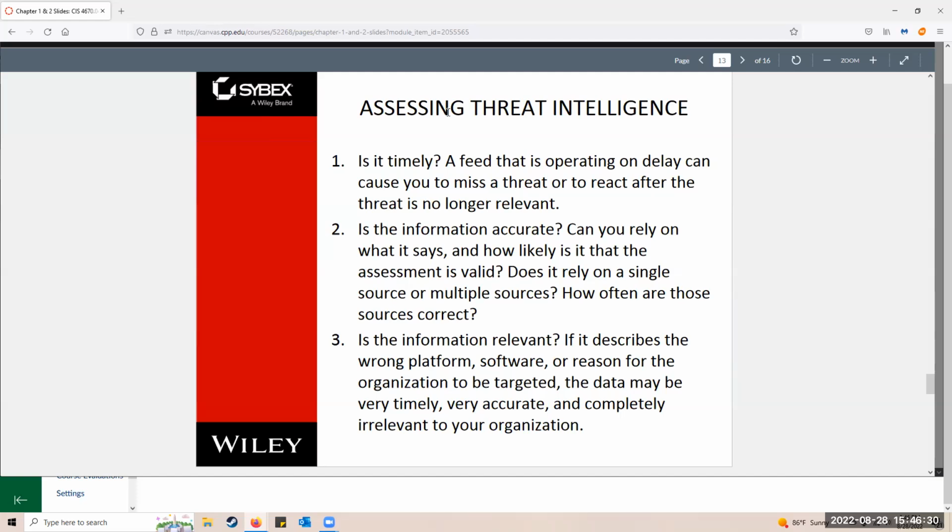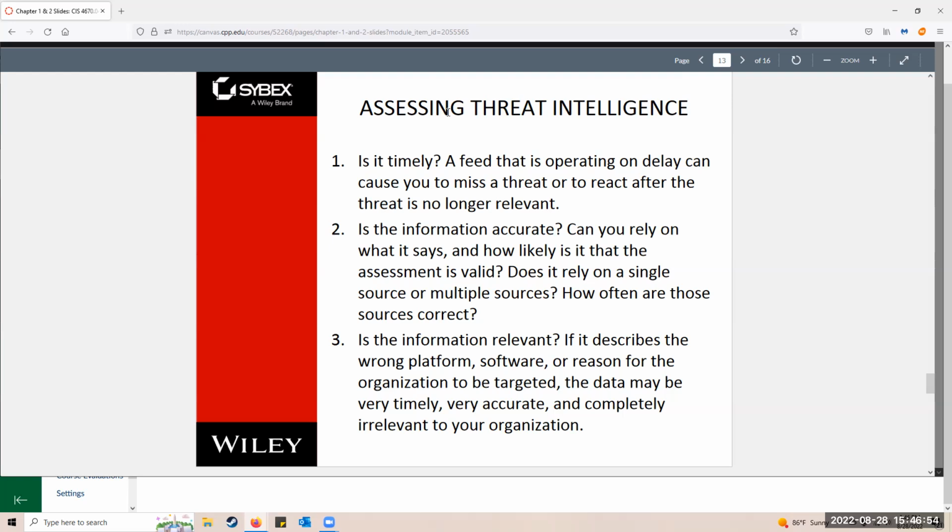All right, so how do we assess this threat? Well, we have to ask ourselves a series of questions. Is it timely? Is the information new? If it is, well, that's good. It means we are not behind the power curve, and we can catch up. Is the information accurate? How truthful is this information?